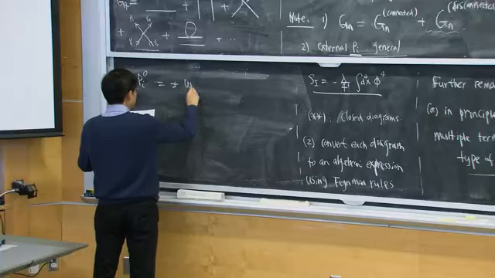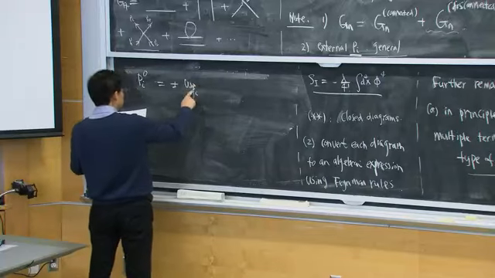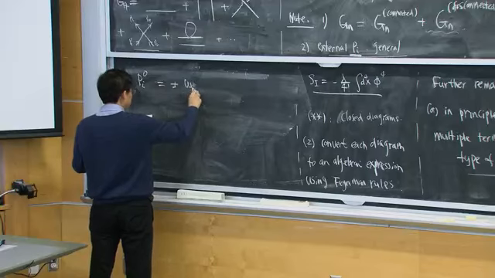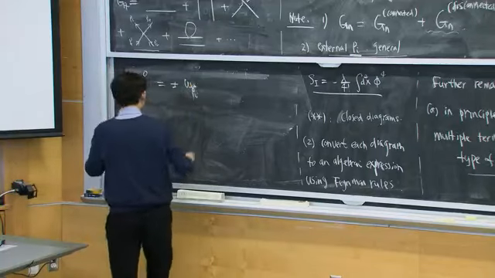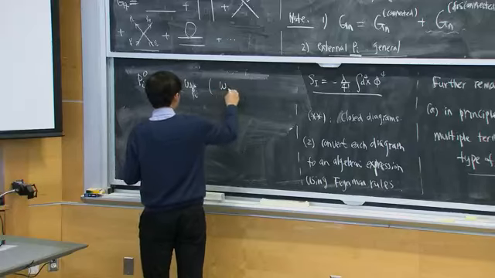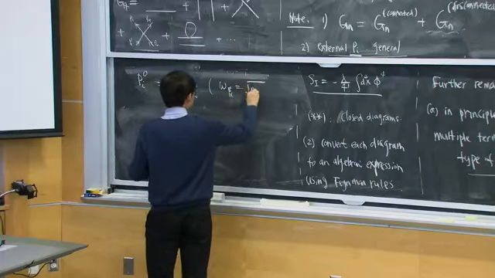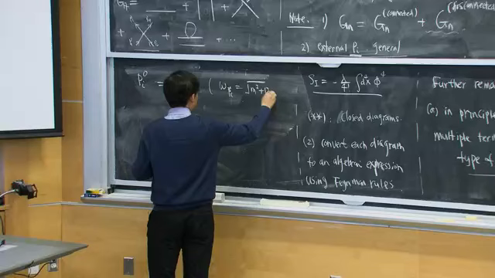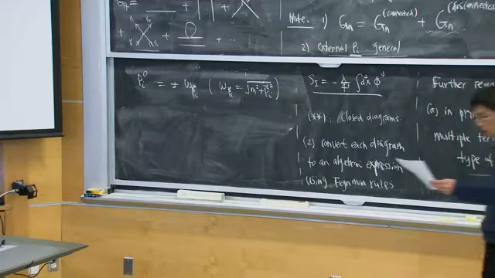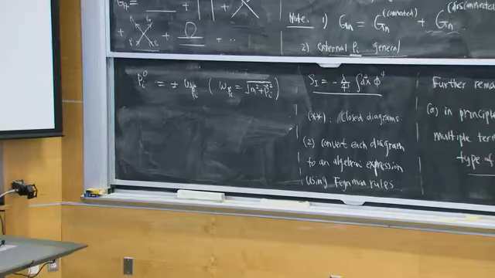We are using the same notation we used before. This Pi vector is the spatial part, and then we have omega Pi. So you have two possible solutions.